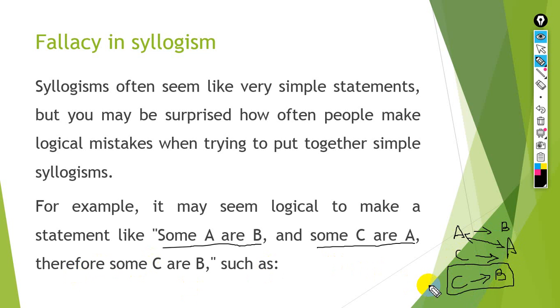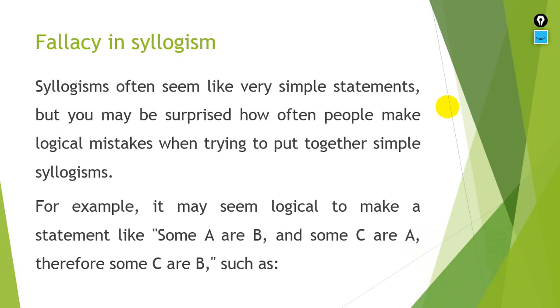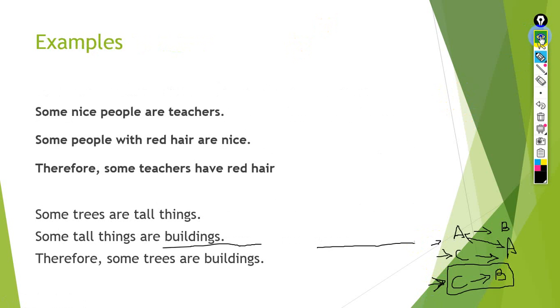This is also 'some', meaning this is particular, and this is also particular. So it will be a fallacy in the syllogism. Here I have given you an example for the fallacy of syllogisms.